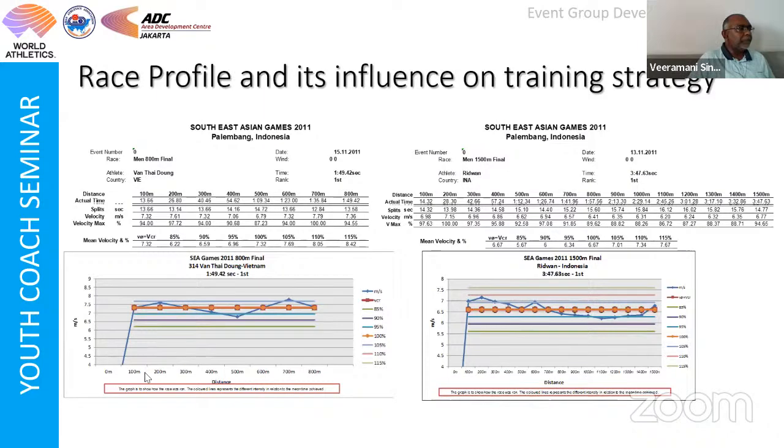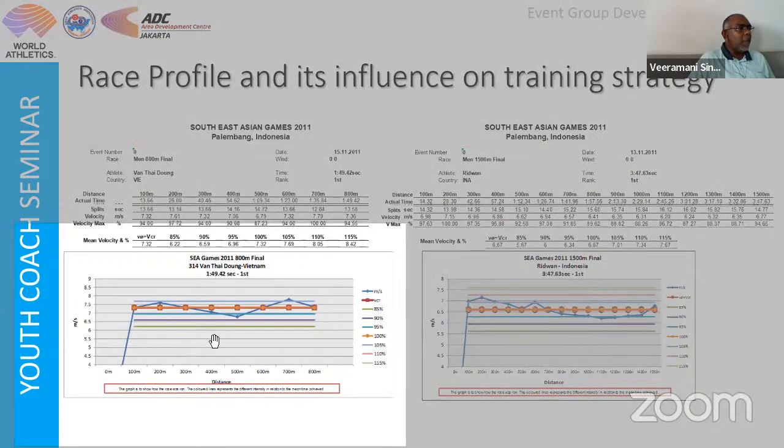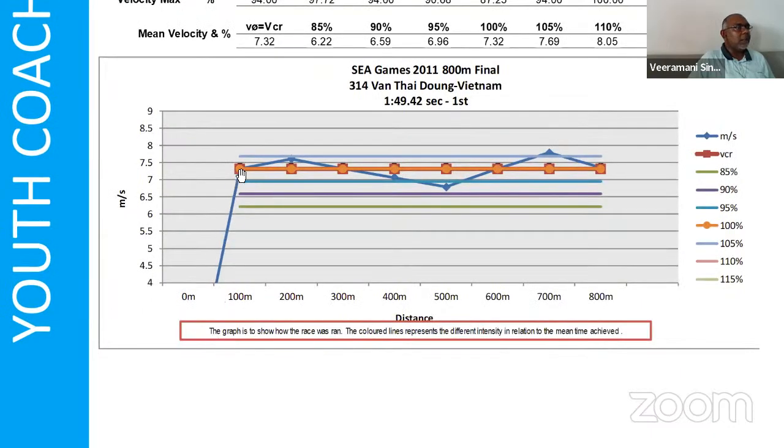If you take our gold medalist in 800, you can see the dotted line. The big box with a yellow, that's the so-called 100% gold time. That means it is 1:49 across. And then you see how the blue line moves up and down. So to show that he ran above, which is very typical because we are trying to break in. And then he has slowed down into the 400, and then he starts picking up the last 500, and then we finish off.